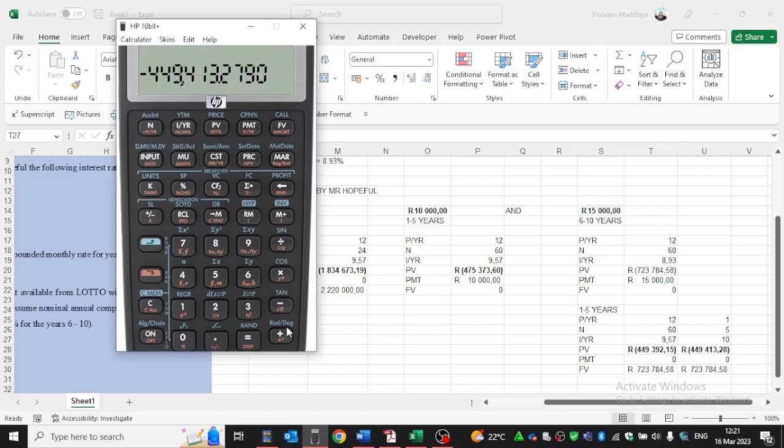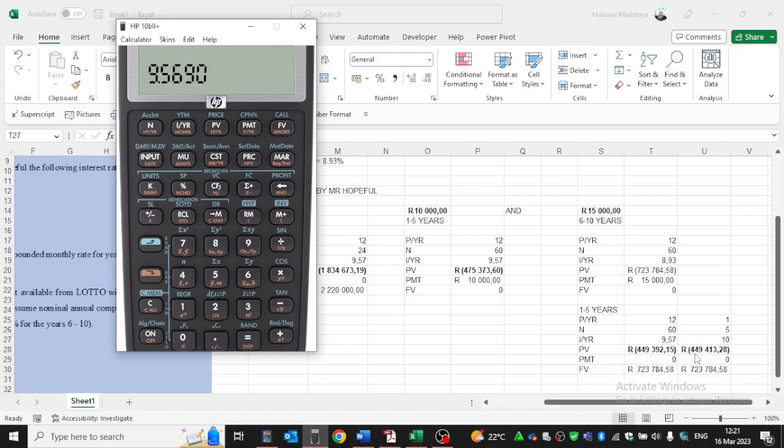If we say 10% is the effective rate, and 12 is the monthly frequency of compounding, the nominal rate will actually be 9.569.